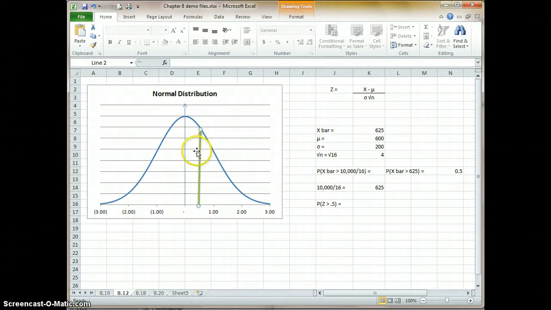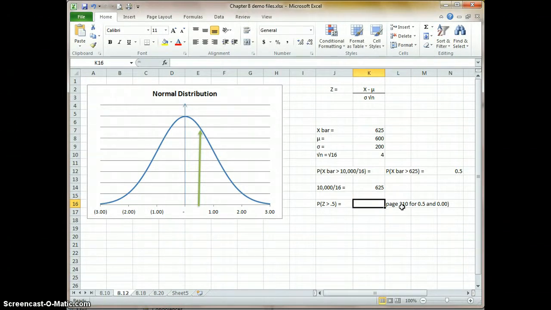So again, when we look it up in the table, it's giving you the area here, and we want the area greater than that, so we'll have to do a little bit of work there. But again, this is going to be found first in the table on page 310 for 0.5 on the row and 0.00 in the column.